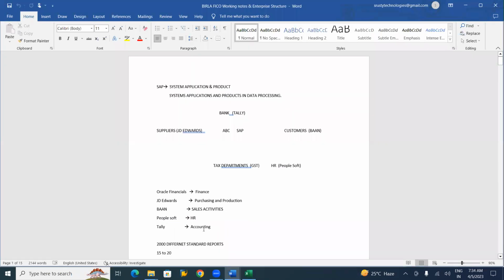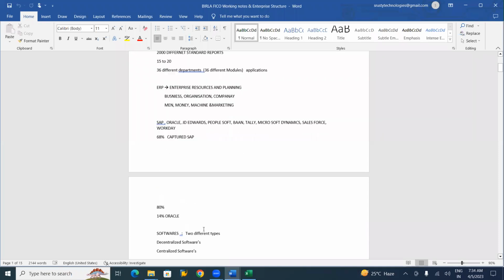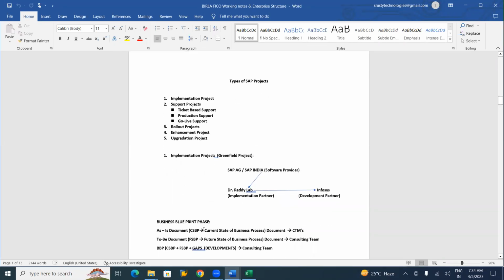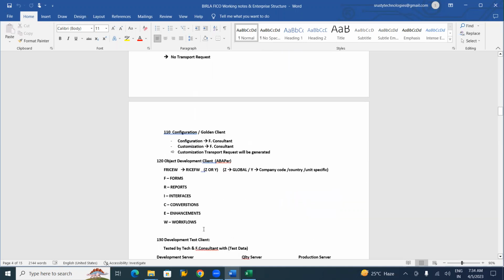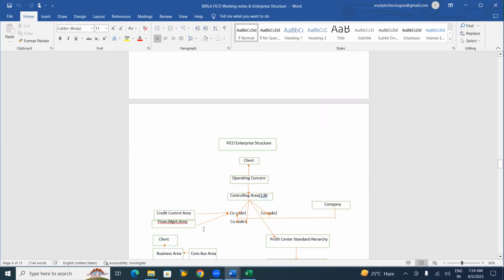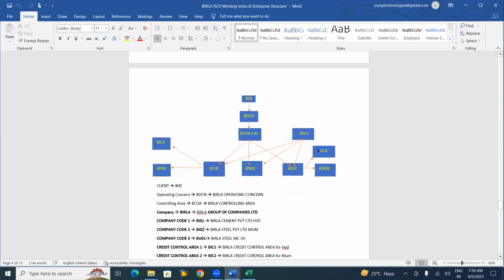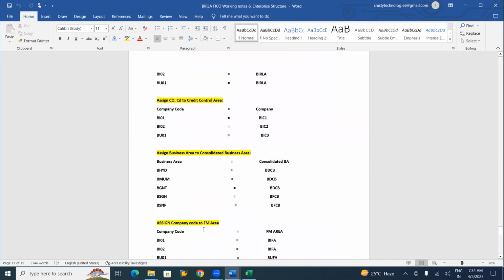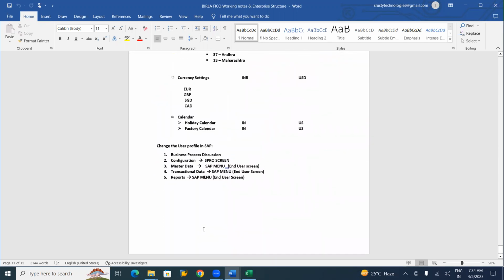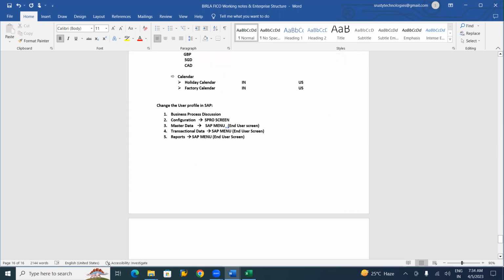Chart of account is a library of GL masters.